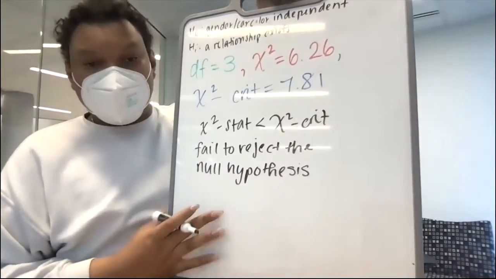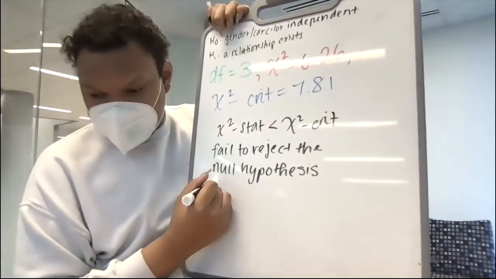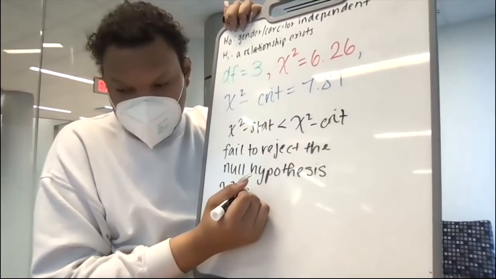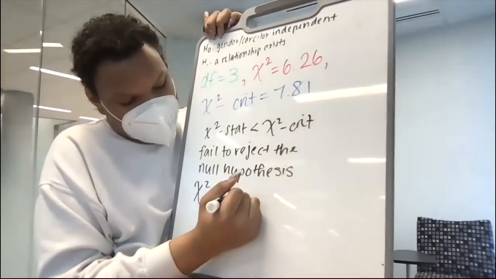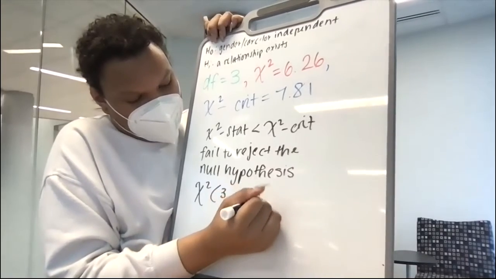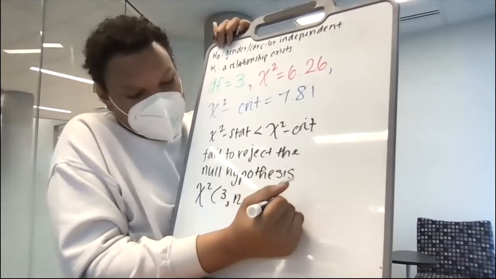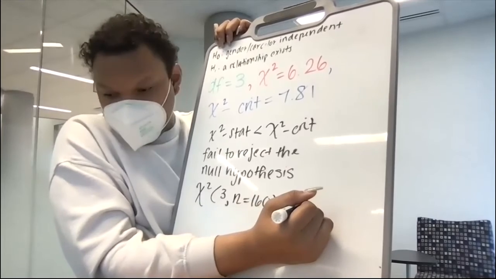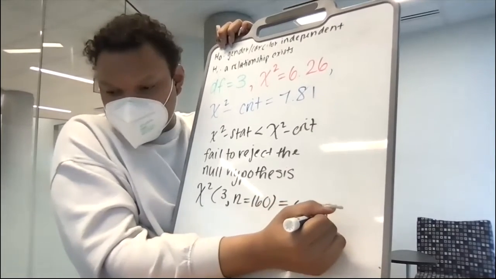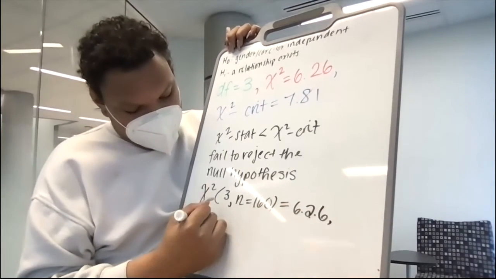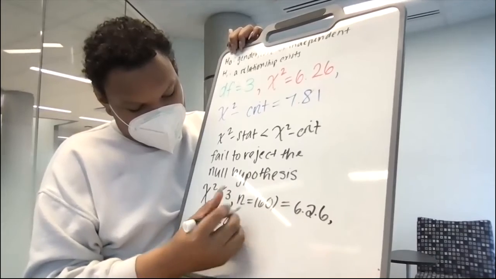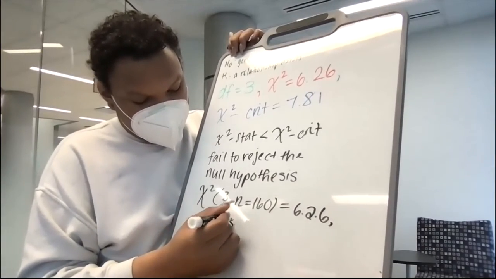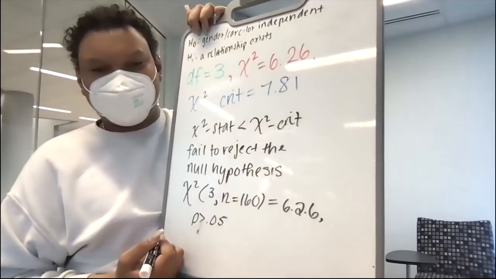And to represent this in reporting, we would say the chi-squared of the degrees of freedom of 3 and a sample size of 160 gave us a chi-squared of 6.26 with a p-value that is greater than 0.05.